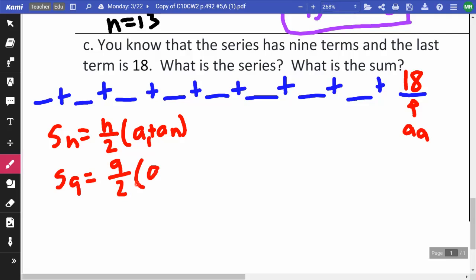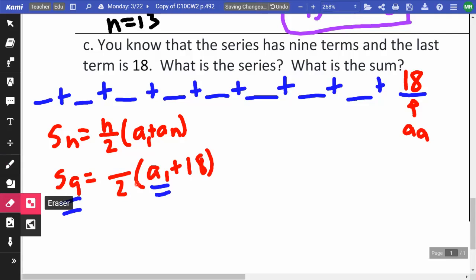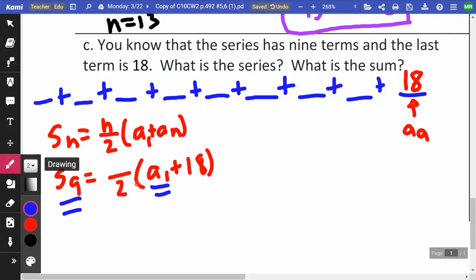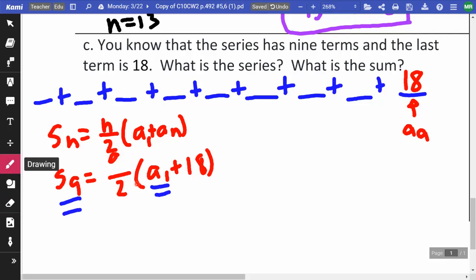My A1 I don't know. My A sub n I know is 18. So right now I have two unknowns. I don't know this, and I don't know this. And this one here is actually a 9. It may not look like a 9, let me write that better. This is a 9.